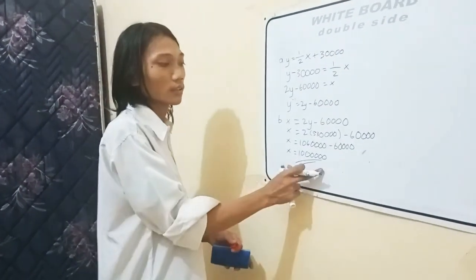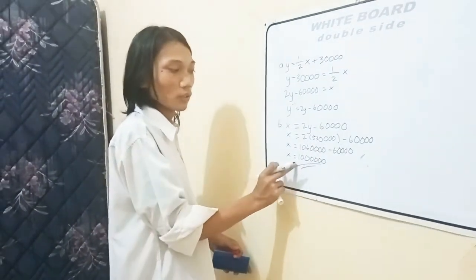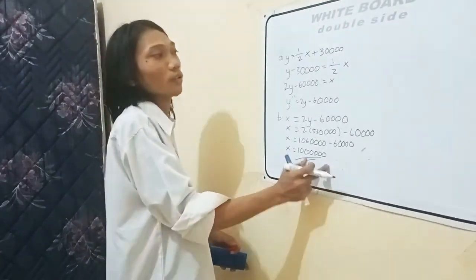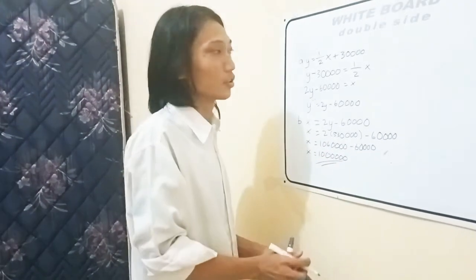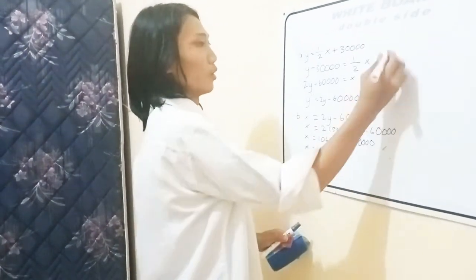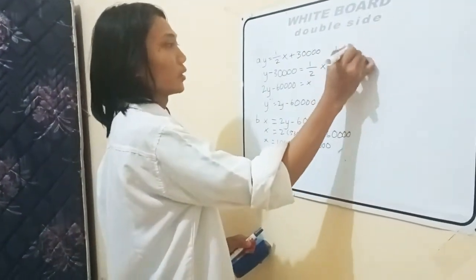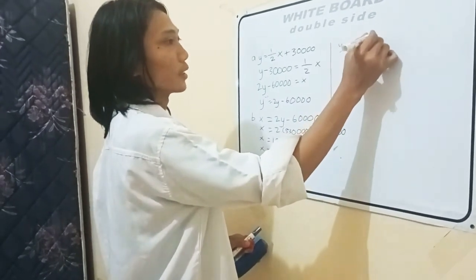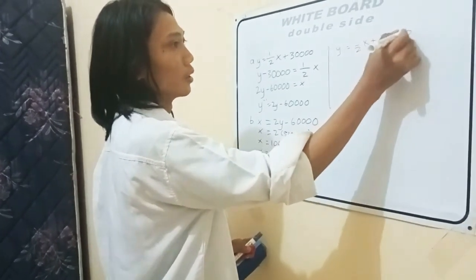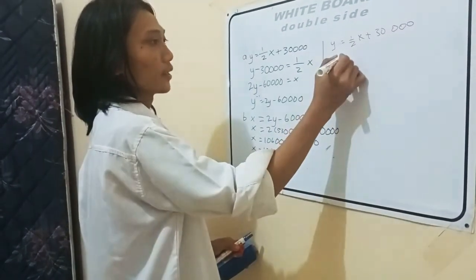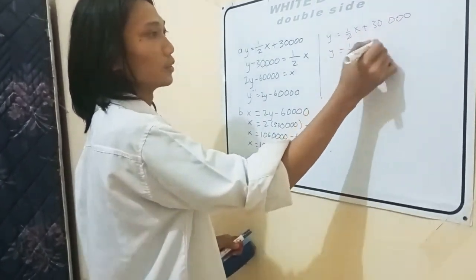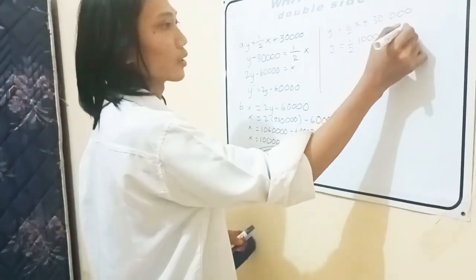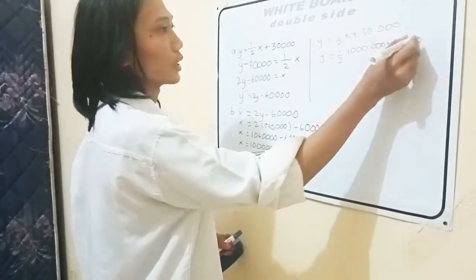If the answer is correct, when we substitute x equal to 1,000,000 into the y equation, we should get 530,000. y is equal to a half x plus 30,000. So y is equal to a half times 1 million plus 30,000.